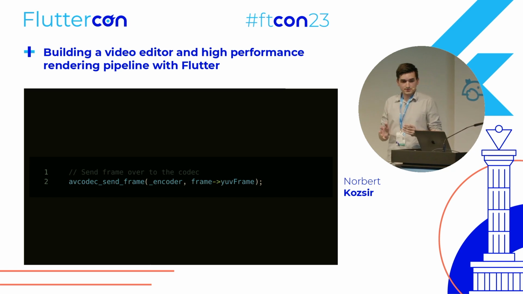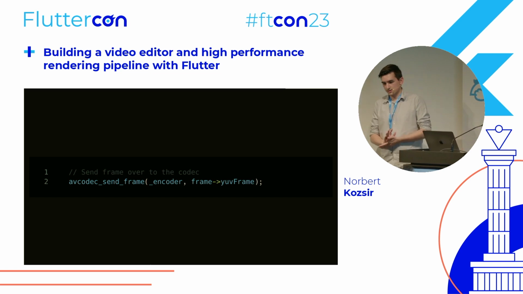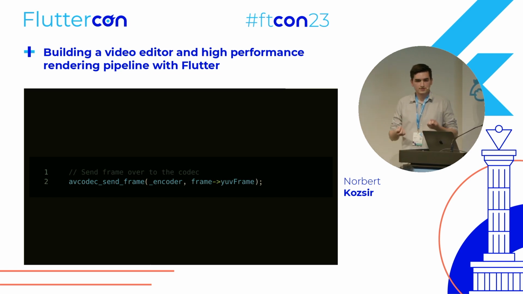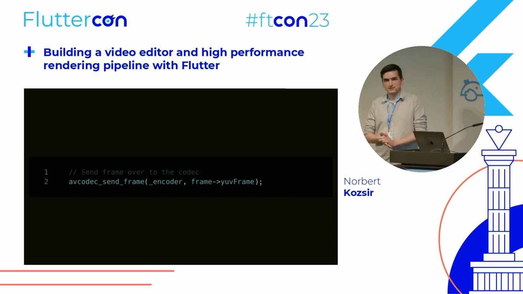Doing this, there's a lot of digging through old documentation of FFmpeg, not old in a way that it is bad, but FFmpeg is a big project. And using the libraries, we can use things, for example, like avcodec_send_frame, where we just pass the YUV frame, and it does its own thing in its thread, and we don't have to save anything to disk, and it's fast, and it's nice.